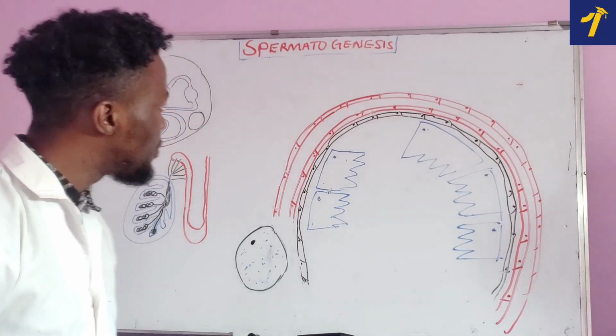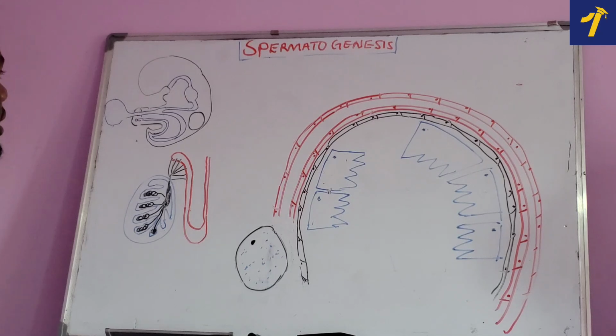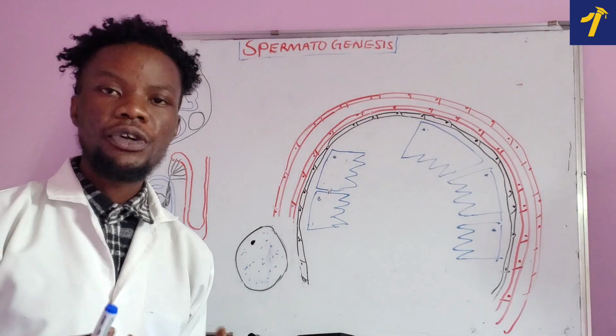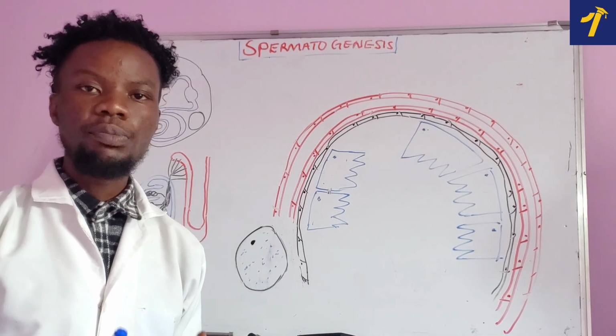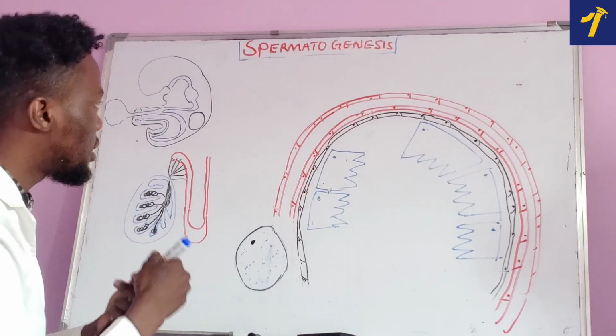What is this spermatogenesis that we're talking about? Spermatogenesis basically is just the process of production of what we call sperm cells from the germ cells. So let us write that definition.